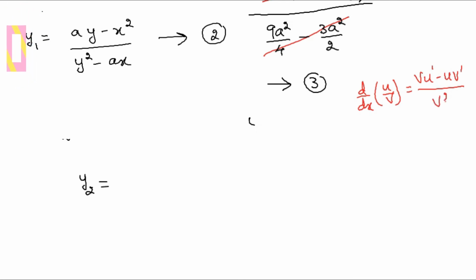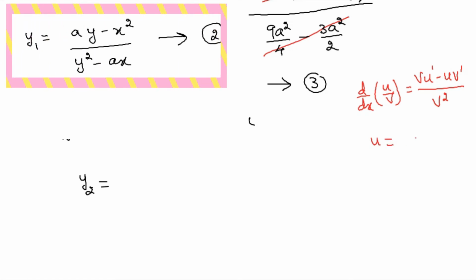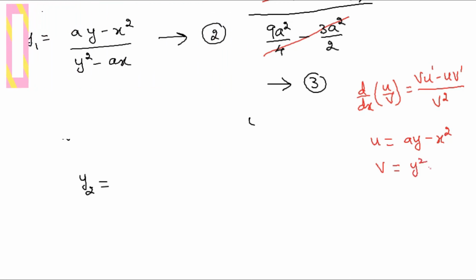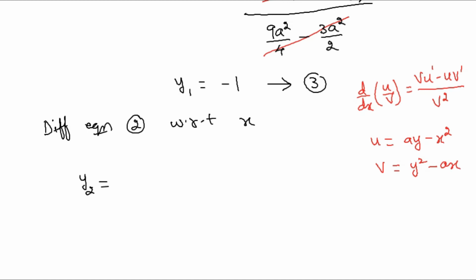So that's the formula. In this case, the value of u, the numerator value that we have, is ay minus of x square, and the value of v that we have is the denominator, y square minus of ax. So let's use the quotient rule and differentiate.